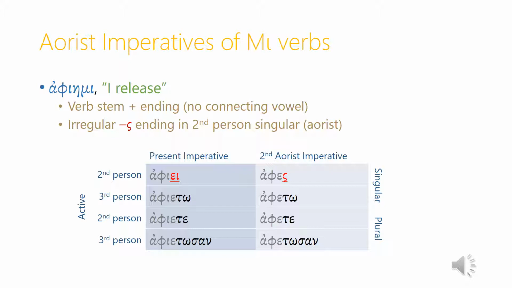That's all present imperative. Shifting to the aorist imperative, we have the same kind of pattern, just the stem plus the endings with no connecting vowel. But now we're using the real stem, and it's aphe. So with the sigma ending in the second person singular, that's aphes. And then the other aorist imperative forms are apheto, aphete, and aphetosan.